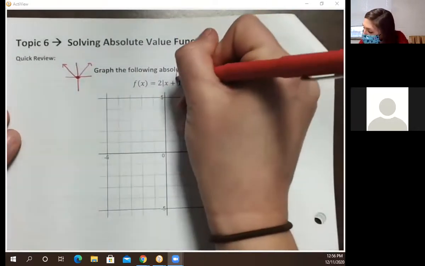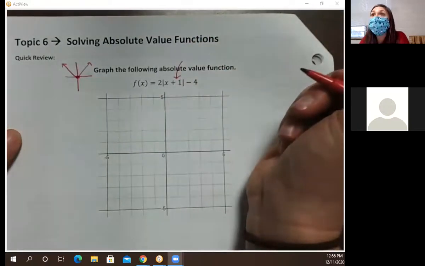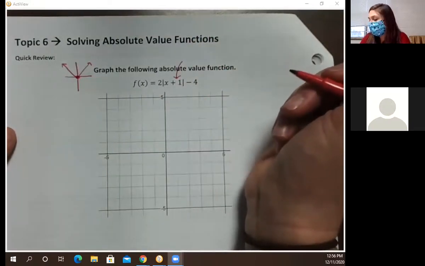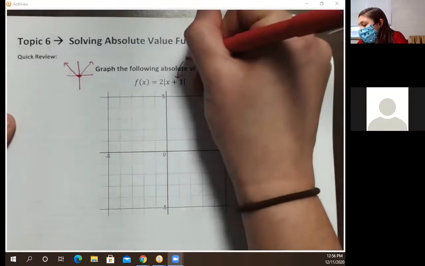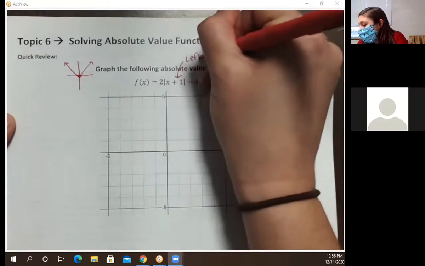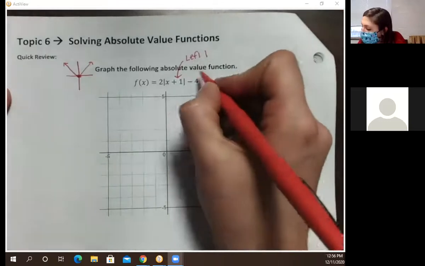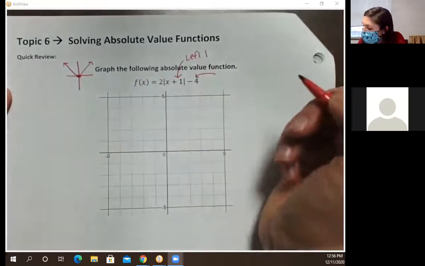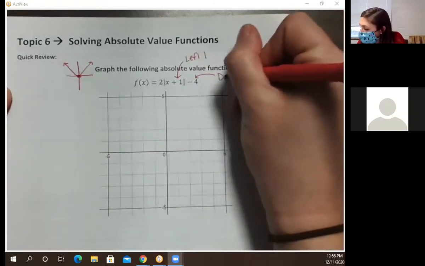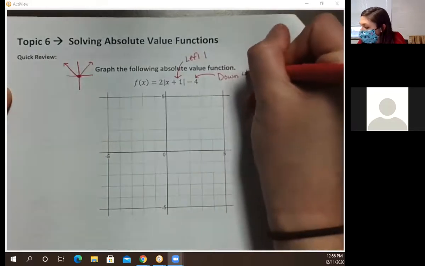Since we're adding 1 inside the absolute value bars, that means we're going to move to the left 1 spot. Subtracting 4 outside of the absolute value bars means we're going to move down 4.